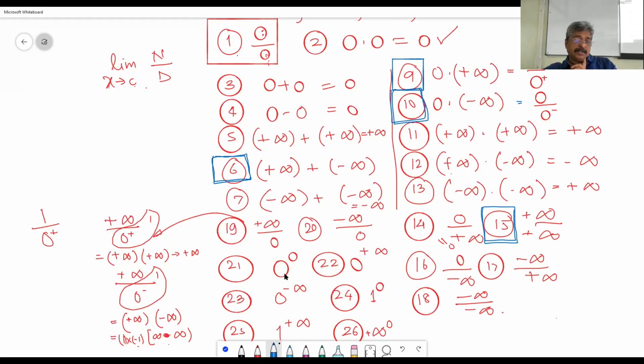Okay. 0 raised to 0 is 0. 0 raised to plus infinity, danger. 0 raised to plus infinity, we really cannot predict anything about it.